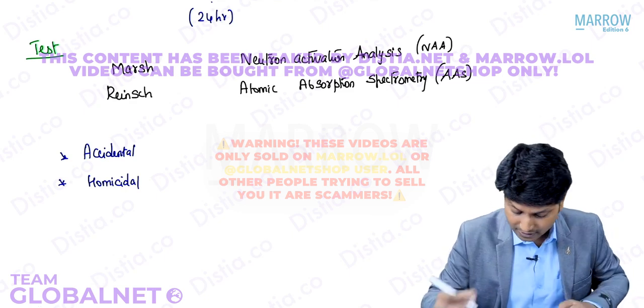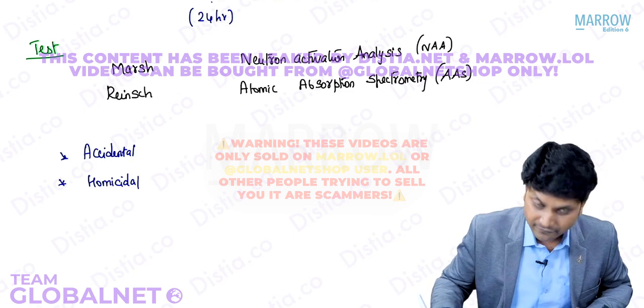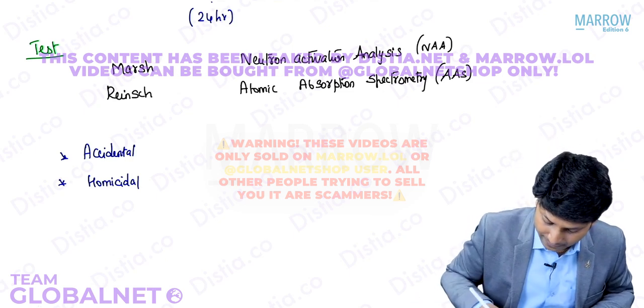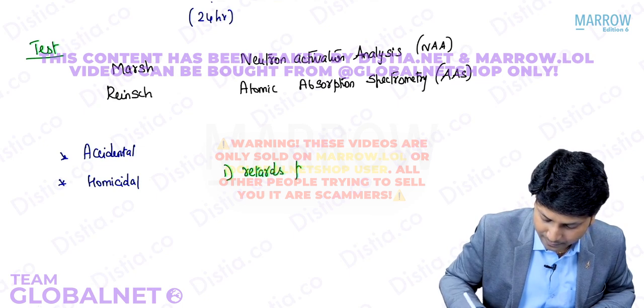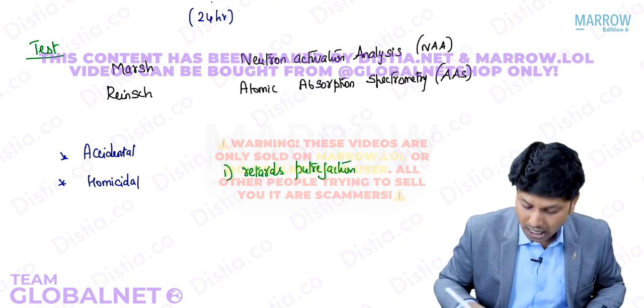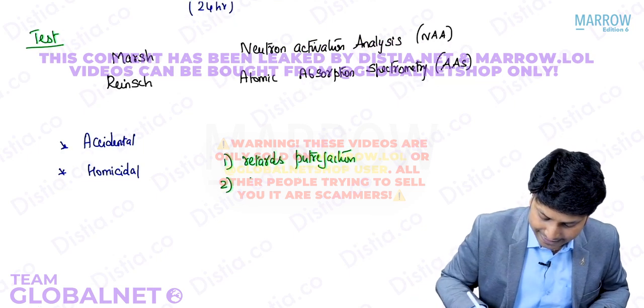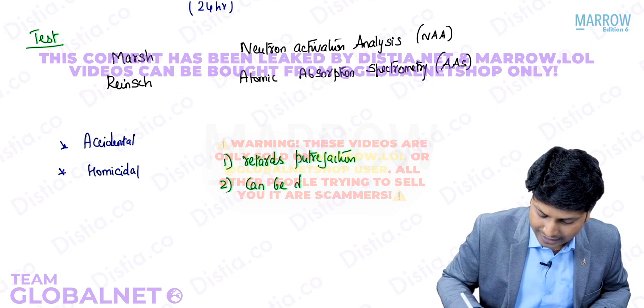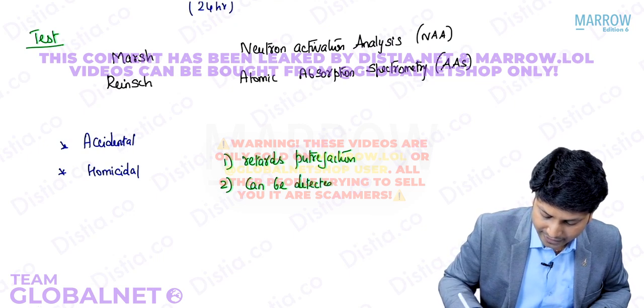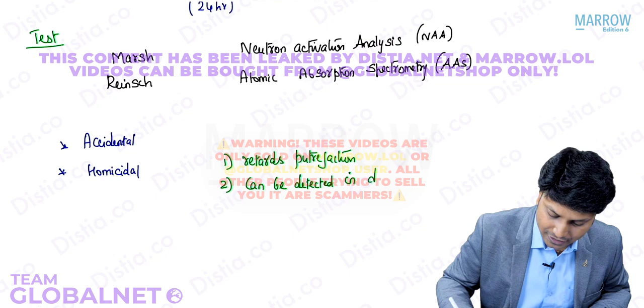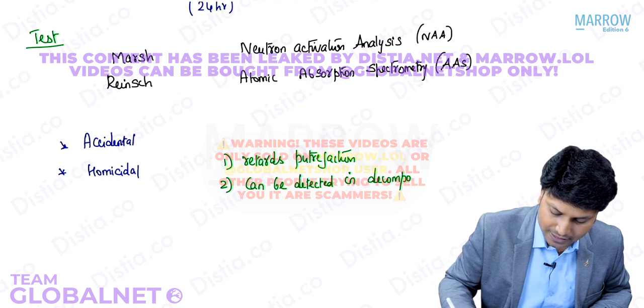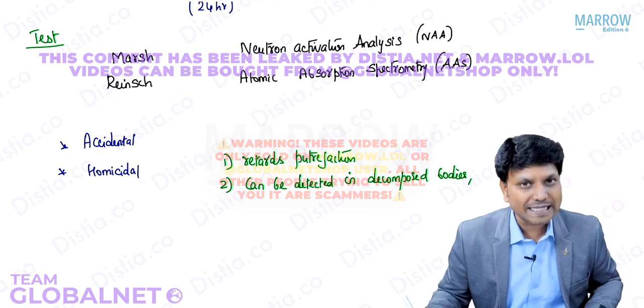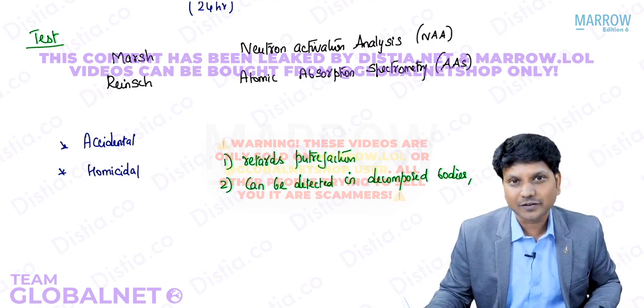What are the disadvantages? Number one, when you use arsenic, it retards putrefaction. It retards decomposition. So you will get caught. Arsenic can be detected from decomposed bodies. Even if the body is in an advanced decomposition state, you can detect the presence of arsenic.